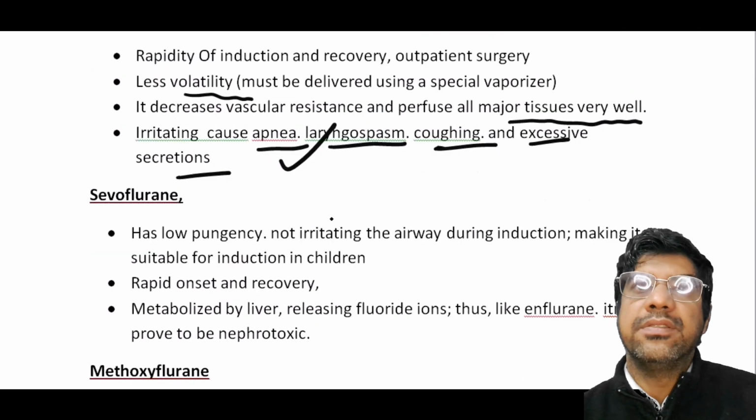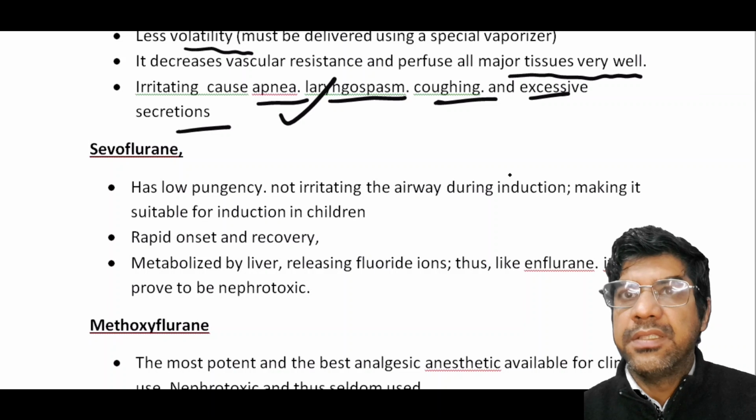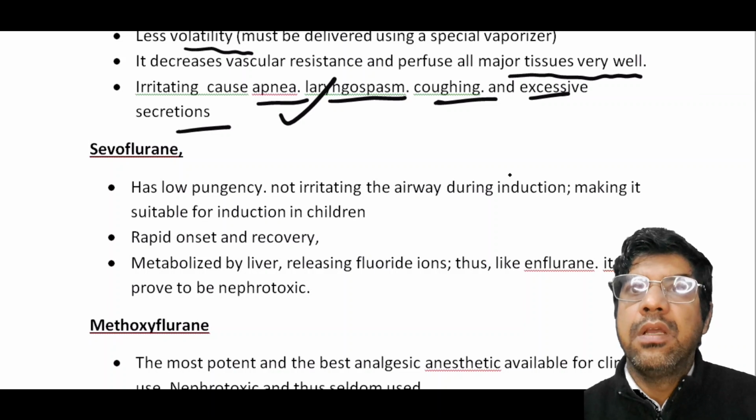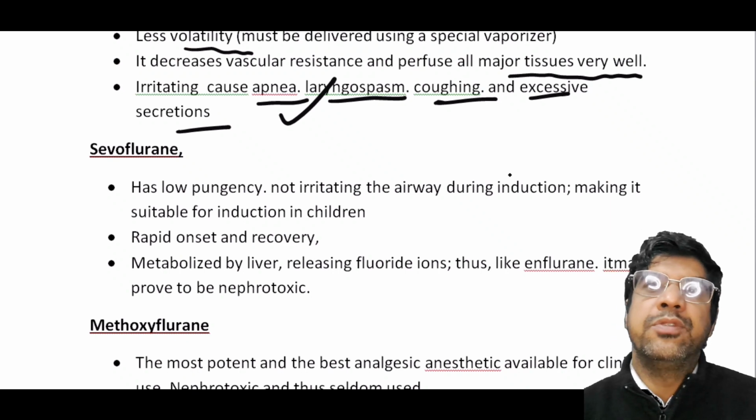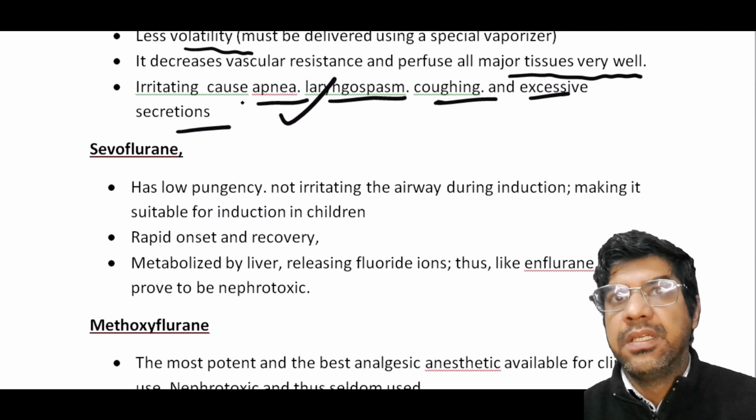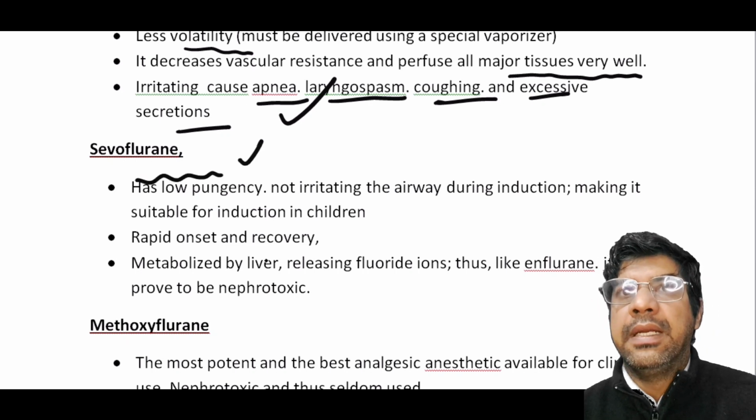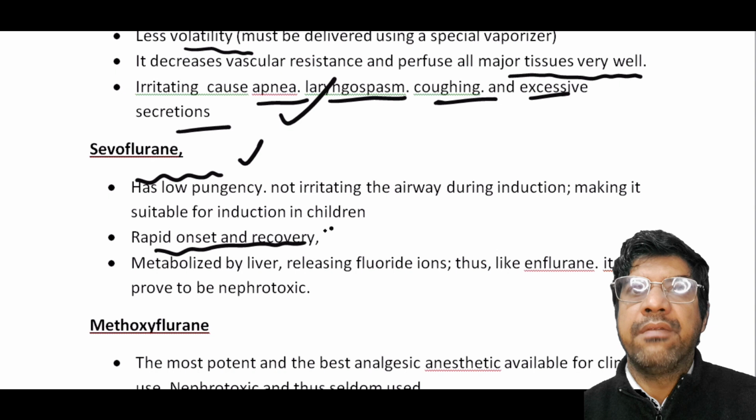Other is sevoflurane, which has low pungency and makes it less irritable for the airway during induction, particularly suitable in children. Sevoflurane has a rapid onset and recovery, and it is metabolized by the liver.